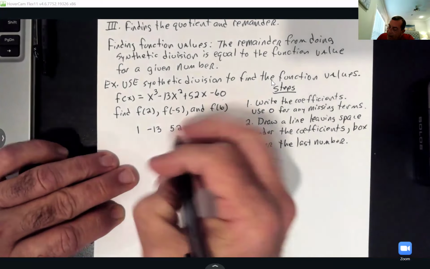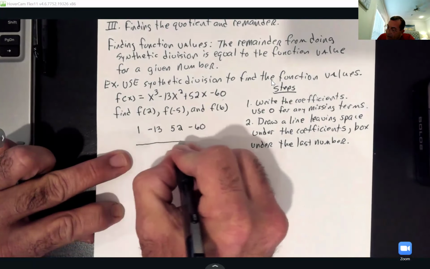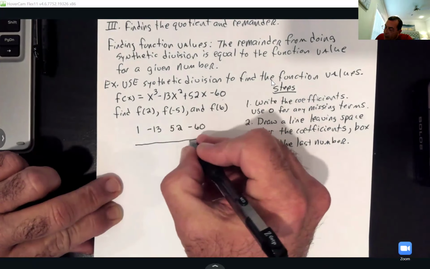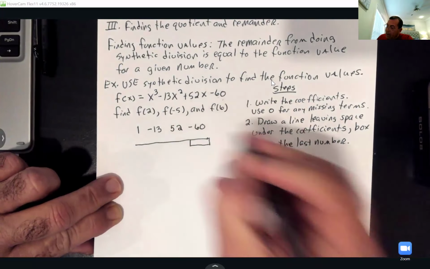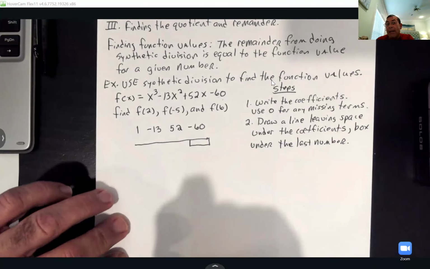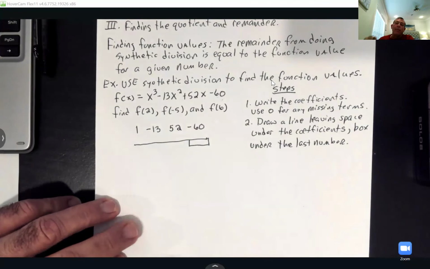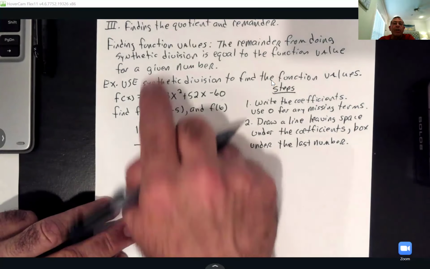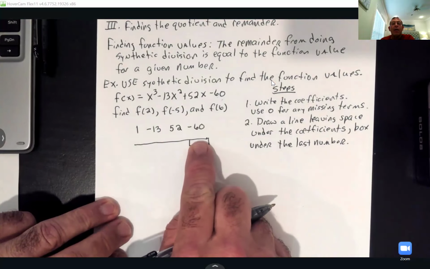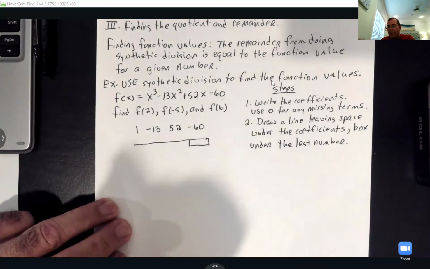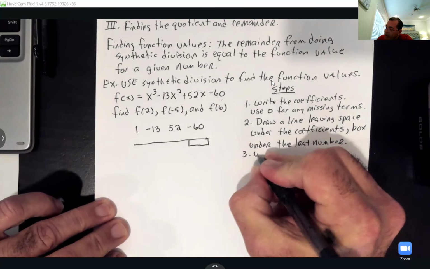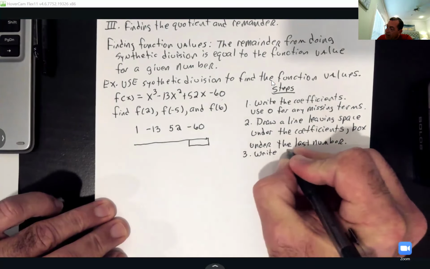So y'all, all I mean by that, I'm going to draw a line right here. Notice I left a little space in between. And then I'm going to box under the last number. This box is going to be what we call our remainder box. But remember, since we're using it to find function values, the remainder that's in this box will be equal to the function value, okay?